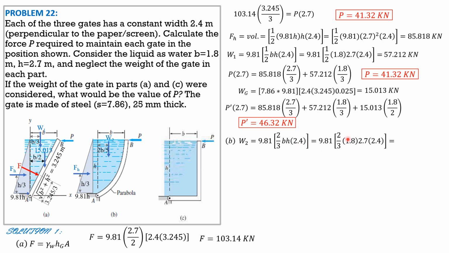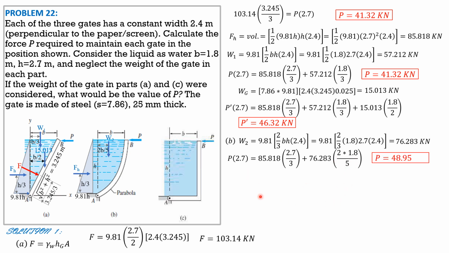So 9.81 times 2/3 base times height times 2.4 is 76.283 kilonewtons. Then summation of moment about A equals 0: P times 2.7 equals 85.818 times 2.7 over 3 plus 76.283 times 2/5 of 1.8. Solving for P, P is equal to 48.95 kilonewtons.